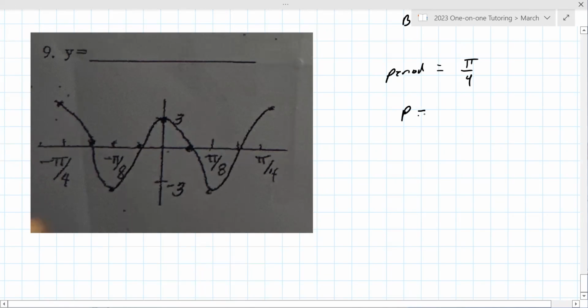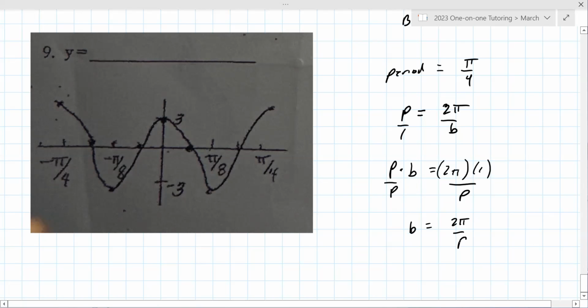And period P equals 2 pi over B. If I take P and multiply it by B, I get 2 pi, and you divide by P, so B equals 2 pi over the period.